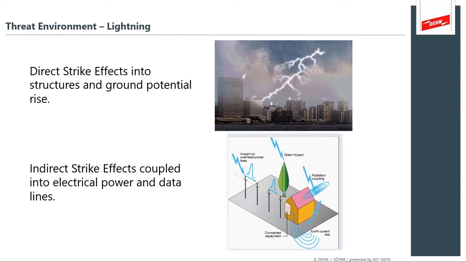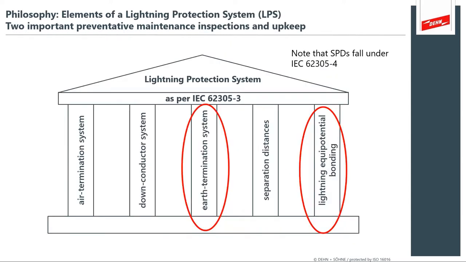In addition, there are very common indirect strikes. This is when it strikes nearby, the tree or the ground or even the power lines nearby. They'll produce very strong ground currents, which contribute to ground potential rise. And these effects really are the focus behind our discussion today.